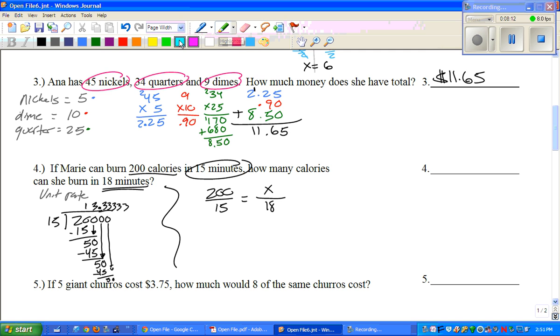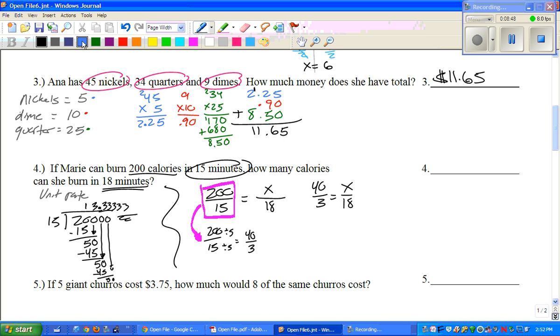Okay, but what we can do before we get started with that is let's reduce that. 200 over 15, you can divide both of those by 5, and you get 40 over 3. And that's where that long repeating decimal comes from. So 40 over 3 equals x over 18.